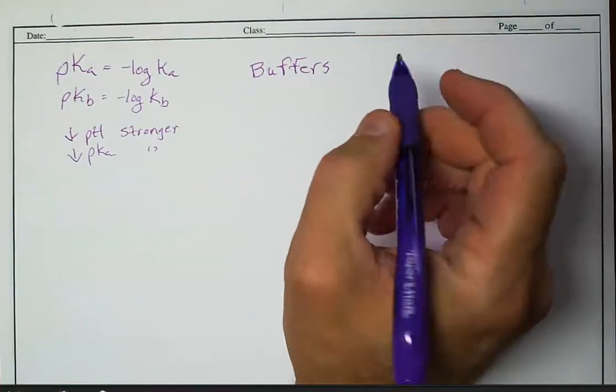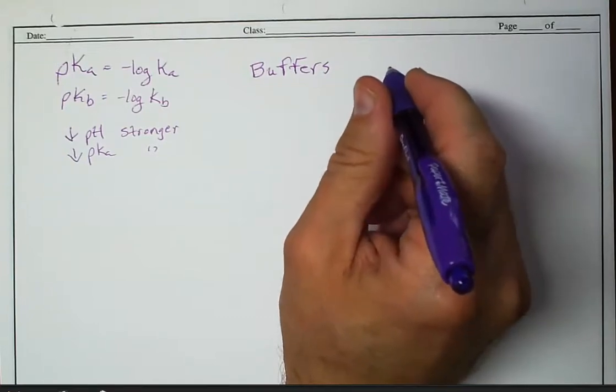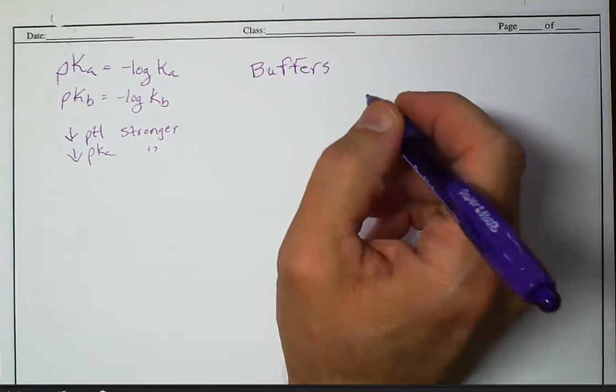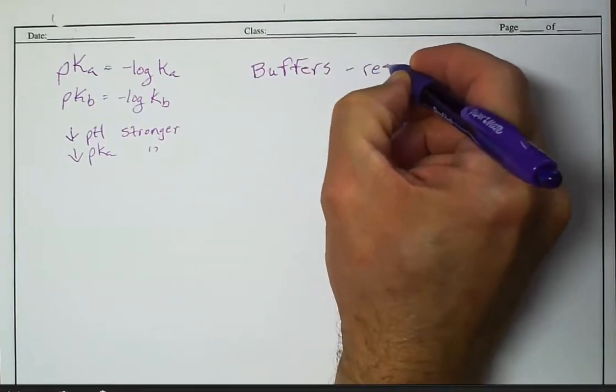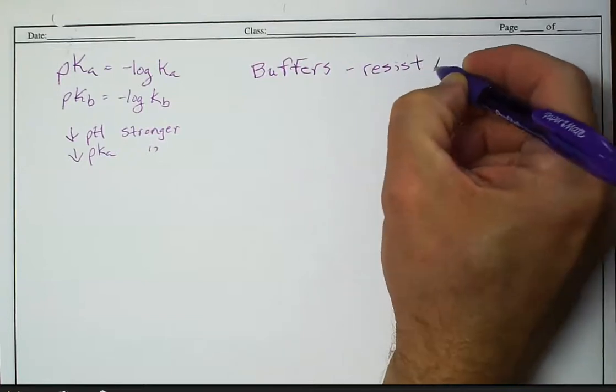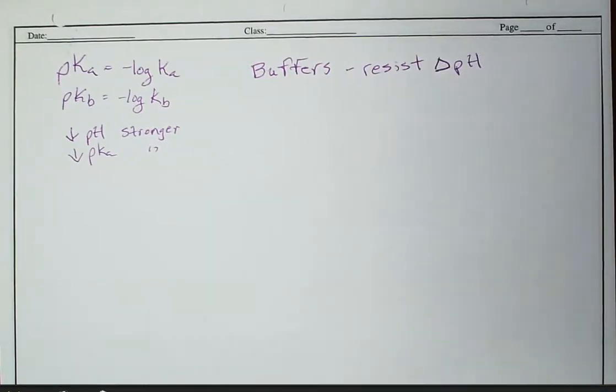So buffers are, how do I want to put this? Substances that resist a change of pH. They resist a change of pH.